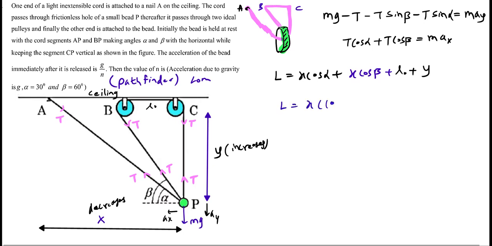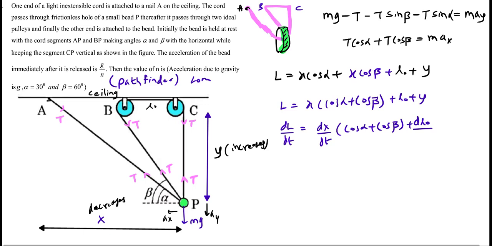L equals x cos alpha plus x cos beta plus L0 plus y. dL by dt equals dx by dt cos alpha plus cos beta, plus dL0 by dt, plus dy by dt.